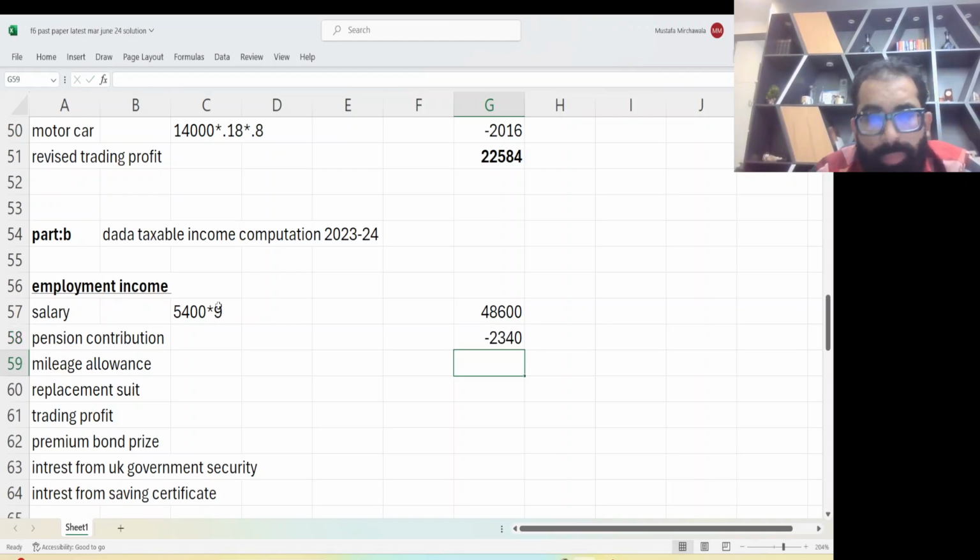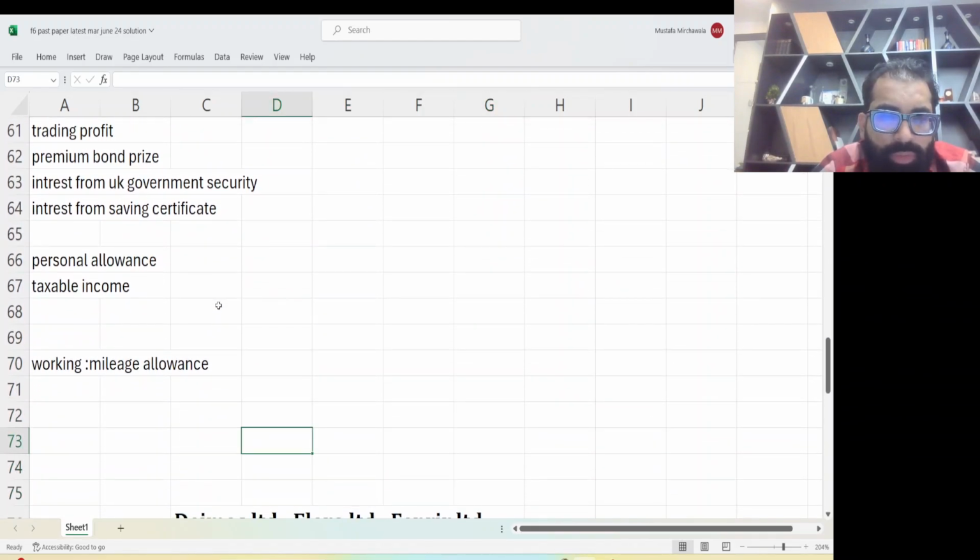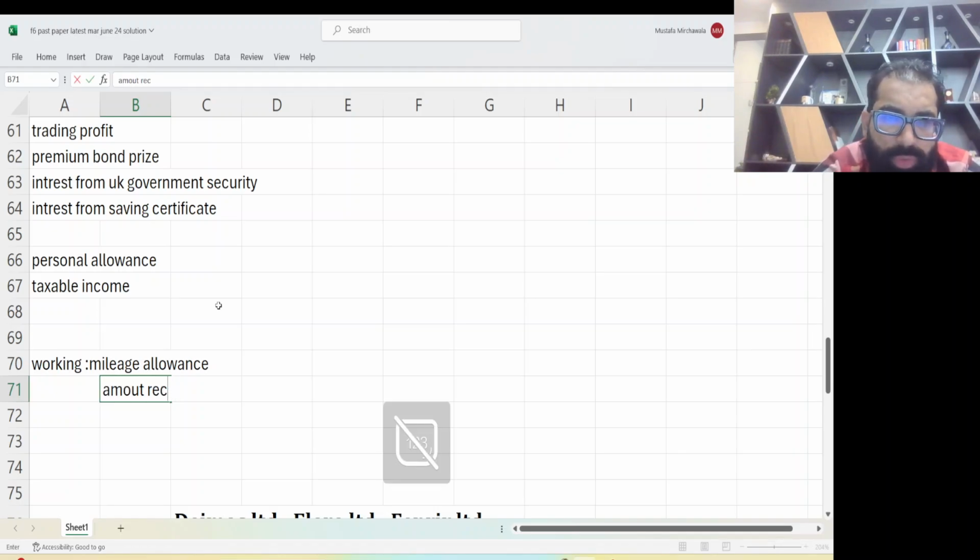Then mileage allowance. Yes, this is a working which we need to do, although I have already done the working on the iPad, but let me do it. First of all, let's do the amount received.